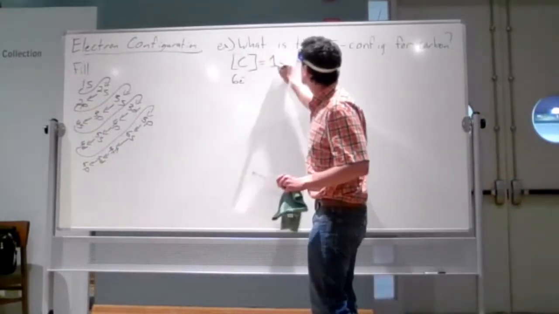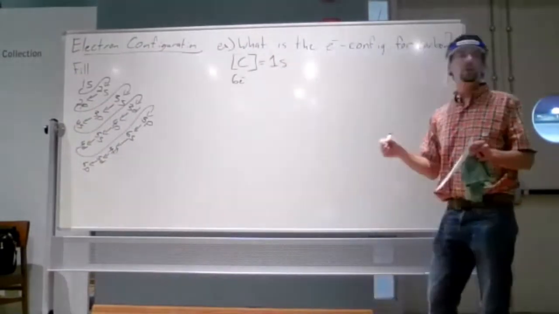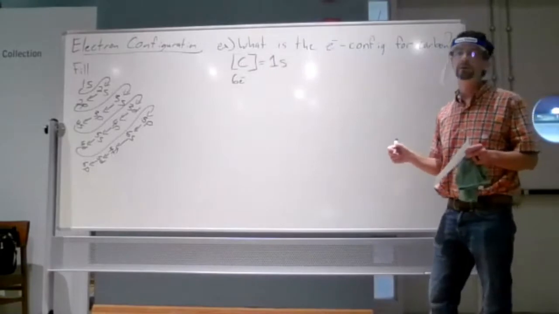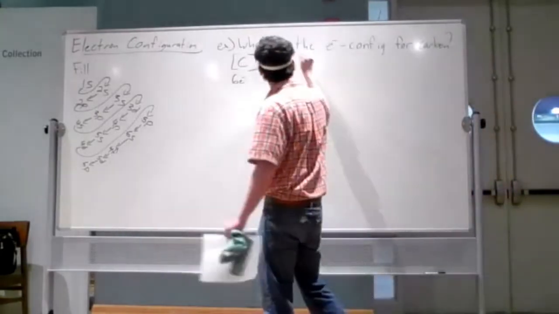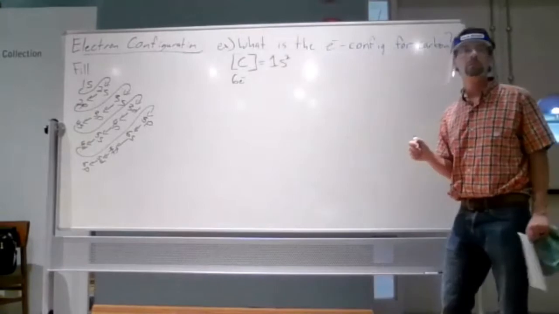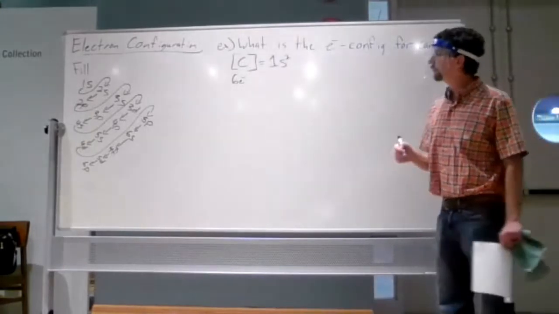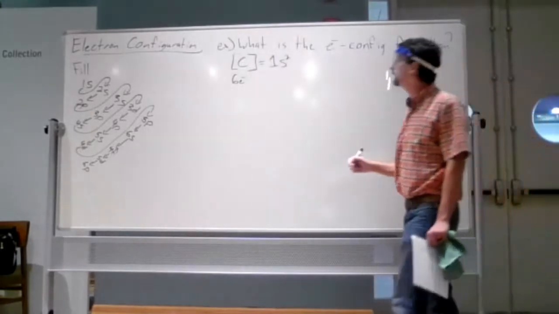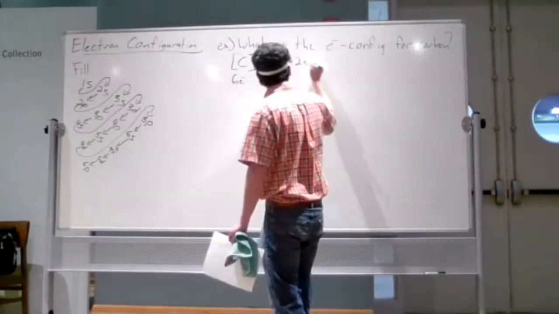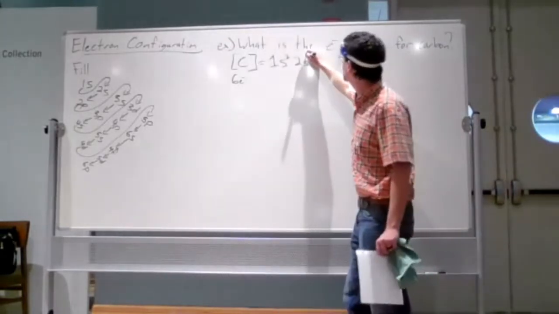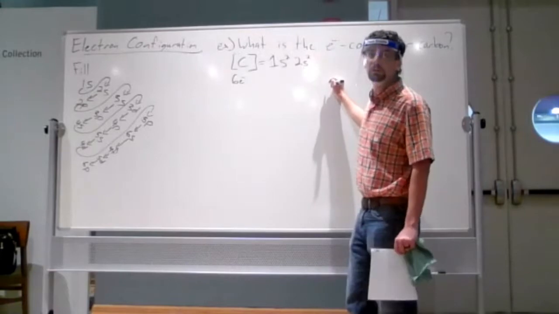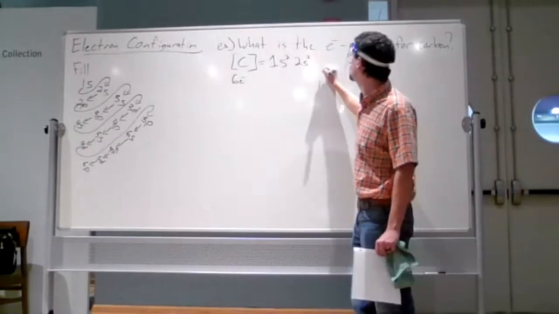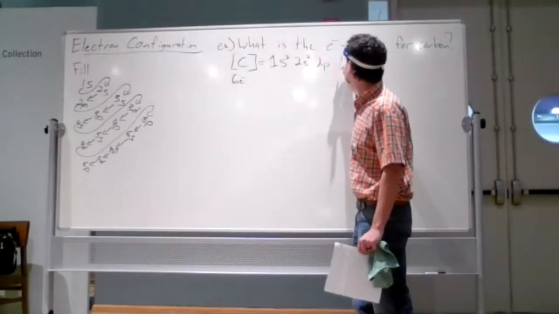Yep, 1s. How many electrons can that s orbital hold? 2, yep. So how many electrons do we have left? 4. What's the next orbital? Yep, 2s. And what's its occupation? 2. Finally, last orbital, what do we got? 2p, and how many electrons are in there?